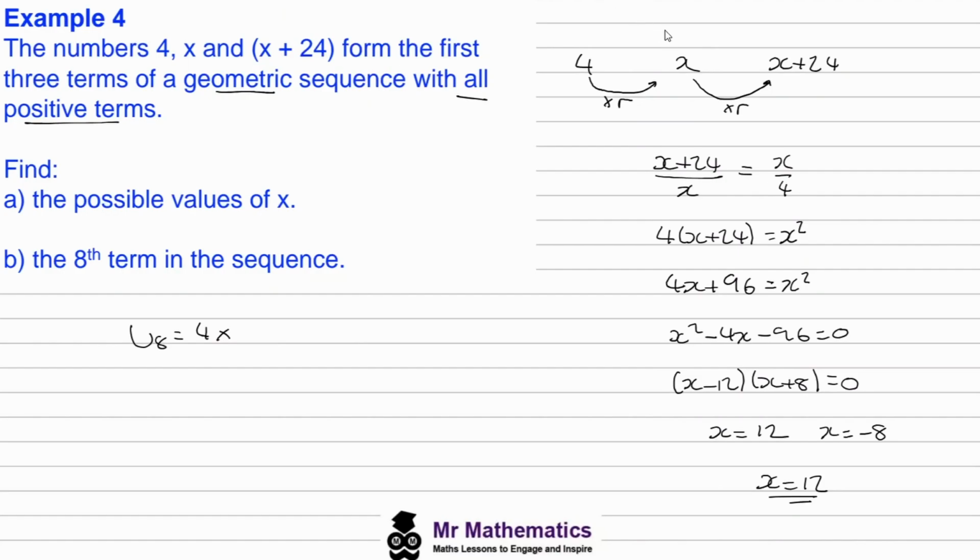We can work out r because if this is 12, then we know r must be equal to 3. So 3 to the power of n minus 1. And we know that n is 8, so 4 times 3 to the 7 gives us 8,748.